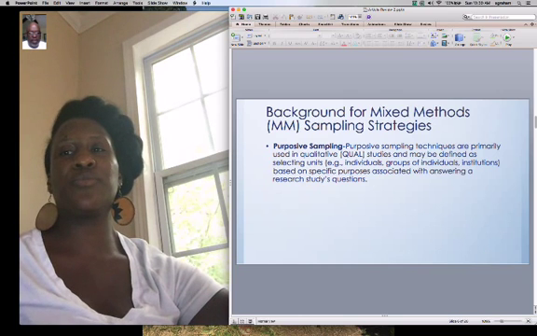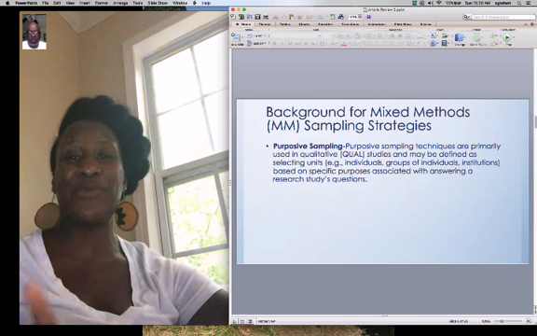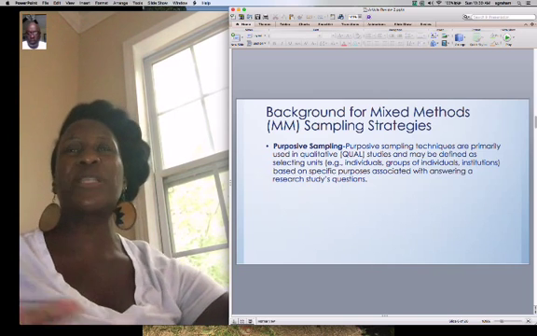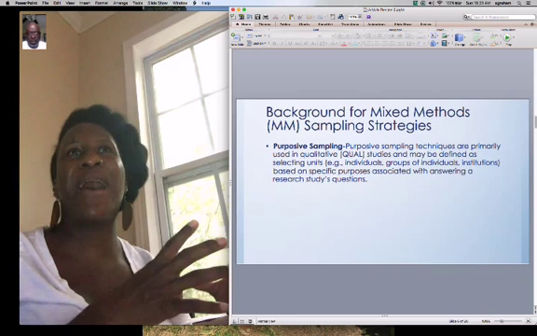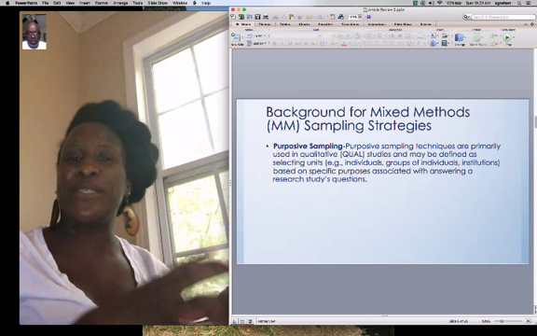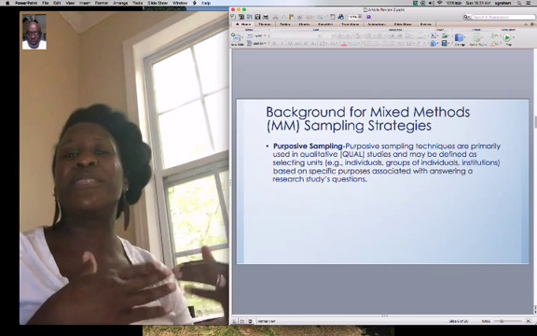Studies that may be defined as selecting units, individuals, groups of individuals based on a specific purpose associated with answering a research study question. For me, I liked this one, and as far as it being a component of mixed methods, just purposive sampling itself, for my research proposal that I'm working on, this is what I was proposing to use as my sampling technique, because specifically with my question, I made it very specific to a specific group of people and a specific type of person within that group.